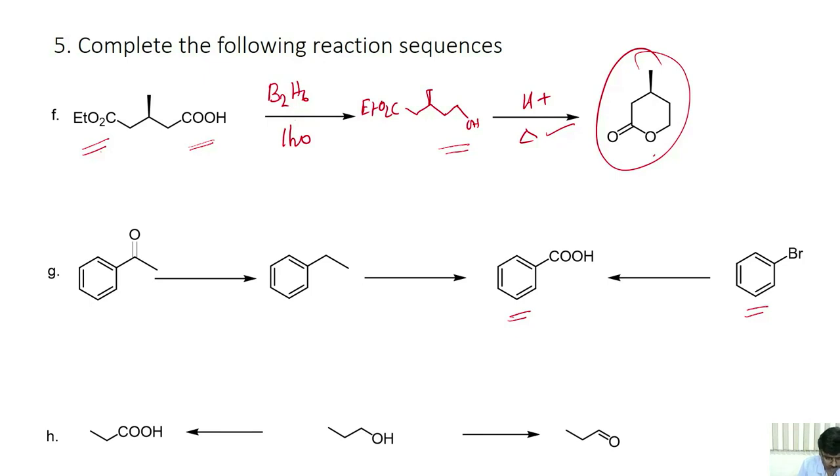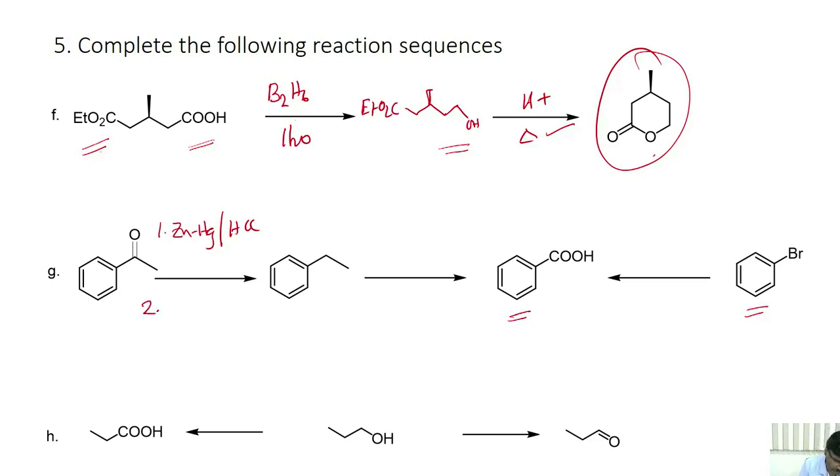Ketone or carbonyl compound can be readily reduced into hydrocarbon by Clemmensen reduction using zinc amalgam in the presence of HCl, that can reduce aldehyde and ketone into hydrocarbon, which is known as Clemmensen reduction.